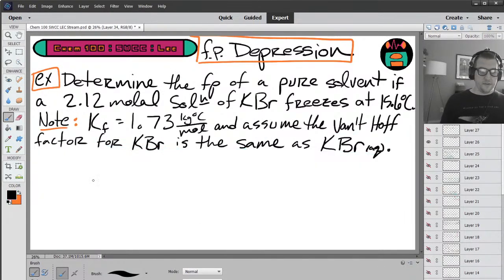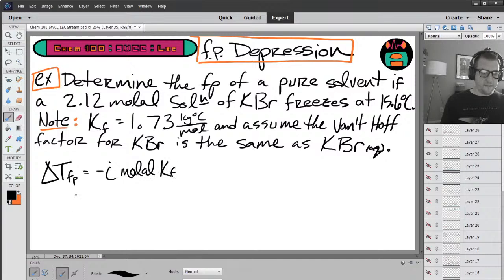So first off, let's find our change in freezing point using this equation, Vant Hoff factor times molality times Kf.